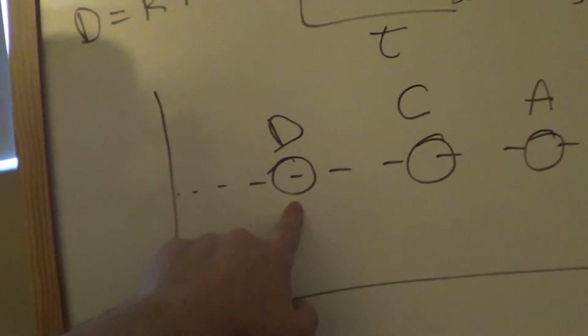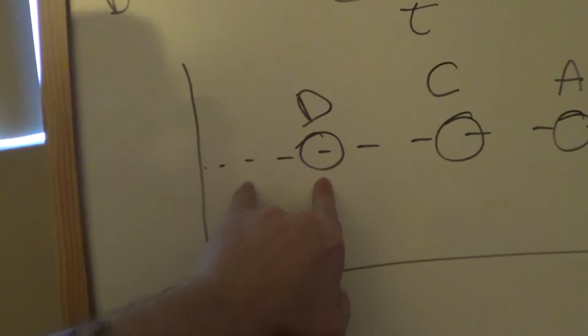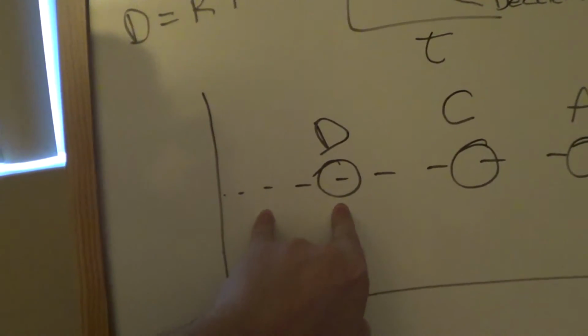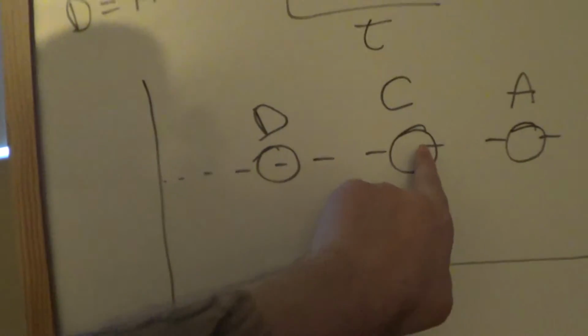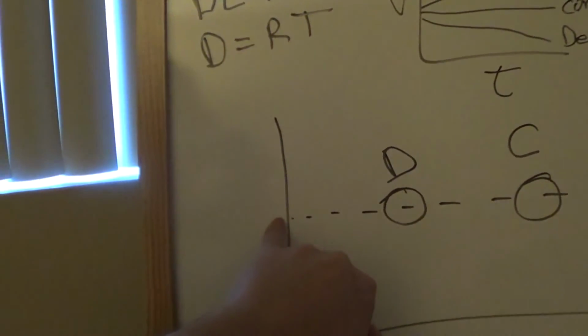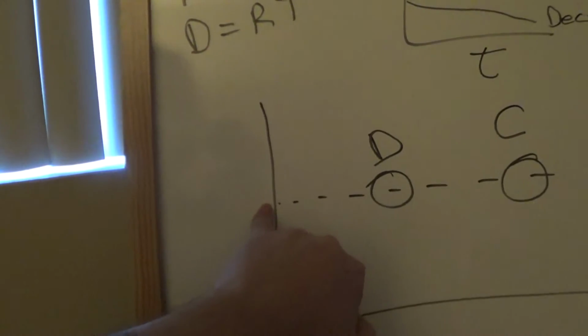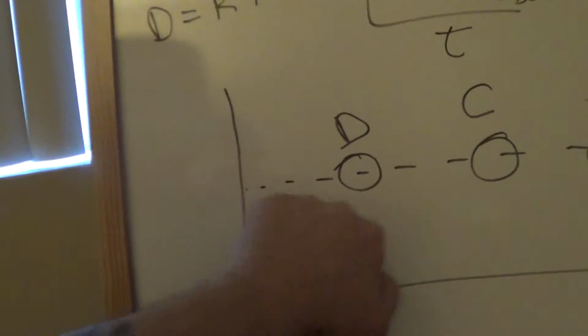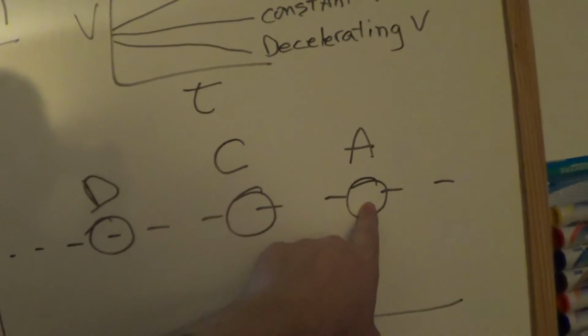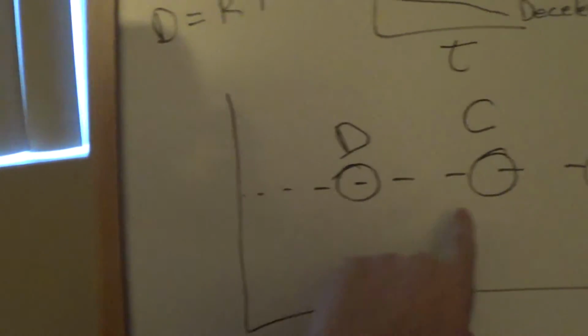If it is decelerating, it won't go back quite as far because previously it was going faster, now it's moving slower. If it's going at a constant rate, then everything will line back up to the origin at the same time. If it's accelerating, that means it's moving faster than it was when it started.